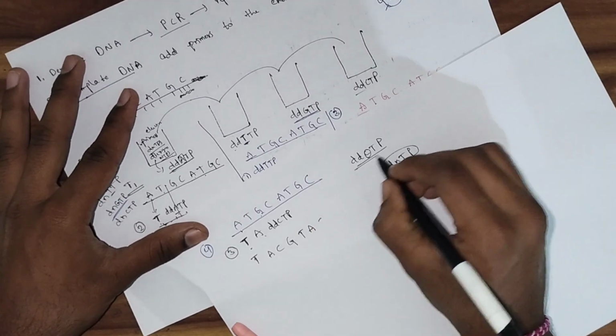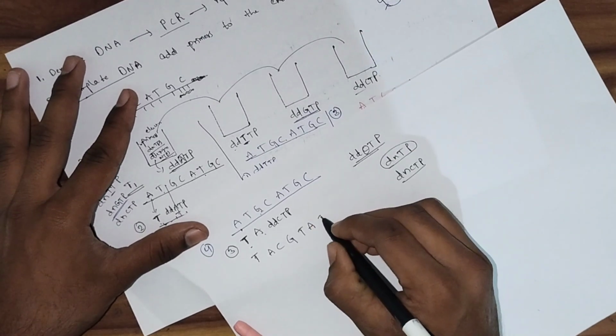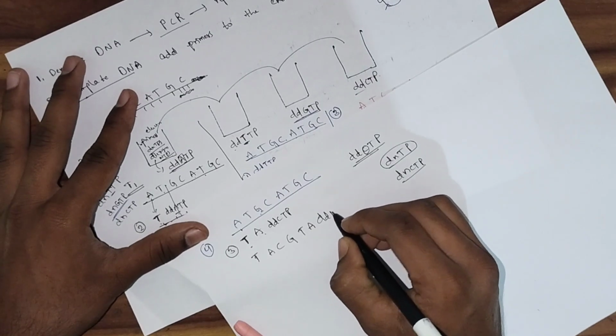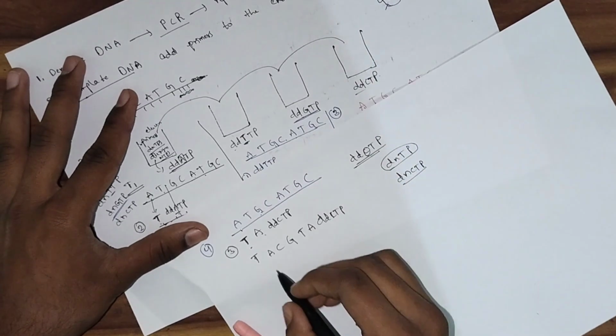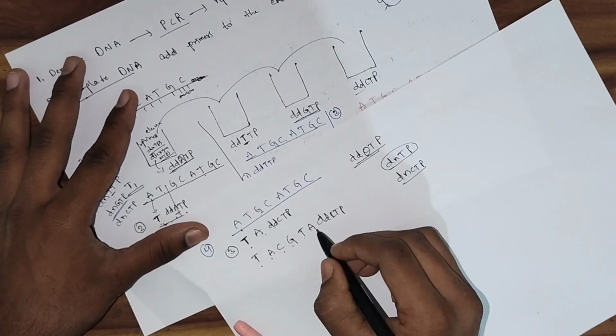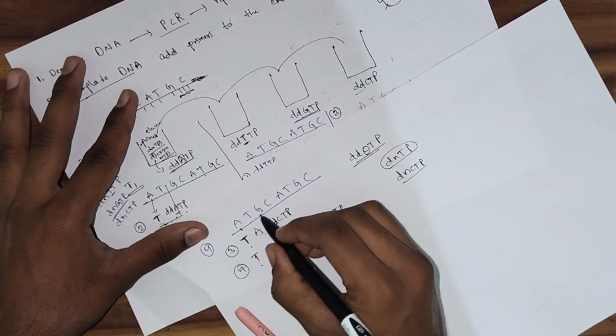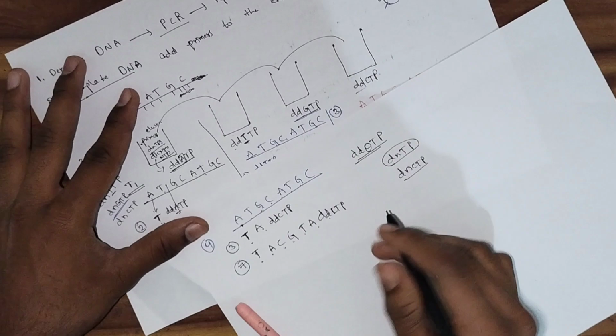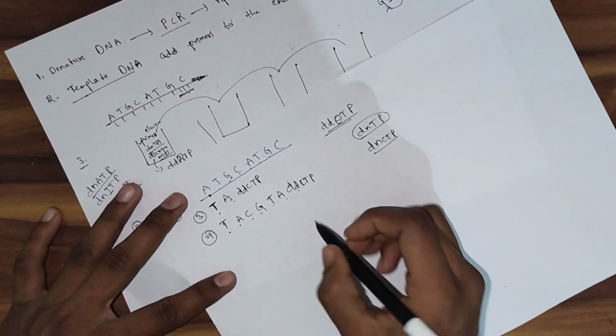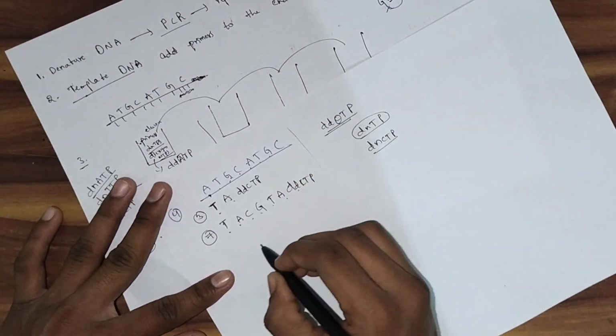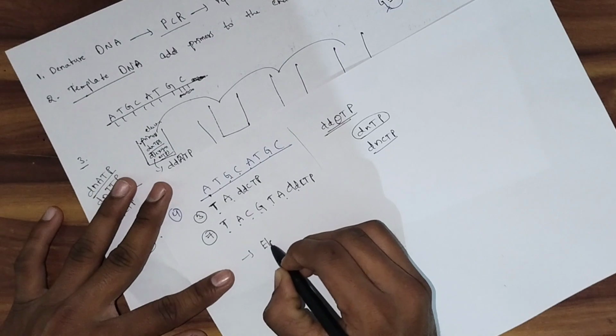Here we have to take dideoxy CTP. So it will terminate: 1 2 3 4 5 6 7. 7 will occur.